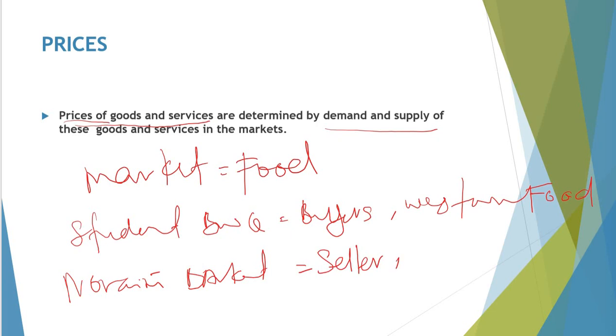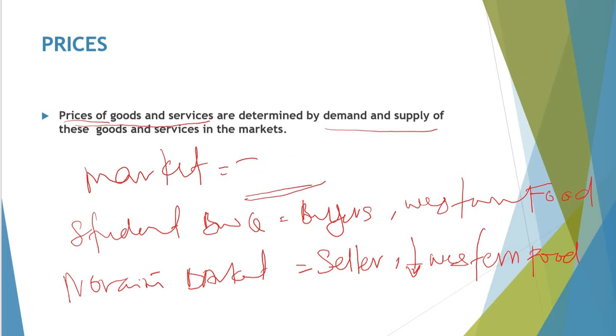Alright. So, tapi dia jual very limited amount of Western food. So what happened to the price of the Western food? This should be market of Western food.